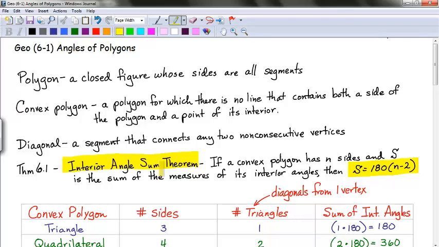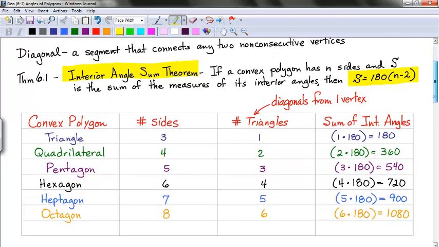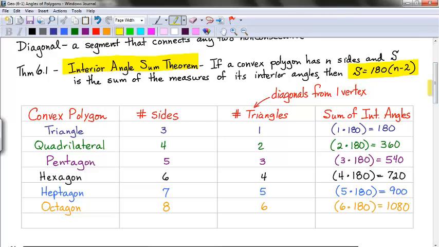So we can develop a table for convex polygons. If you have a triangle that's got three sides, there's only one triangle formed, and if you sub the number of triangles into this formula, you get the sum of the interior angles of a triangle.